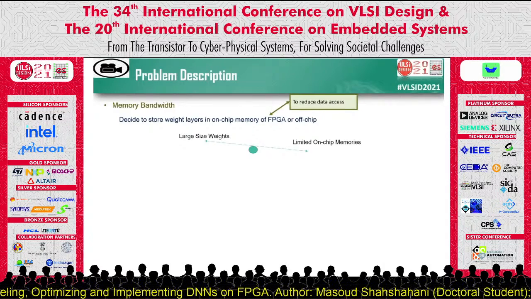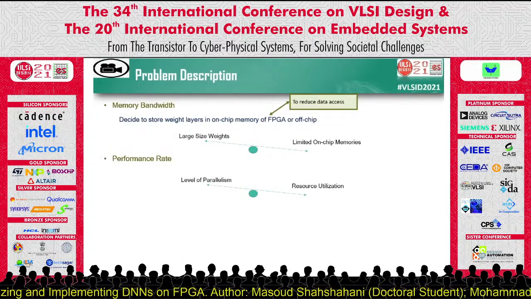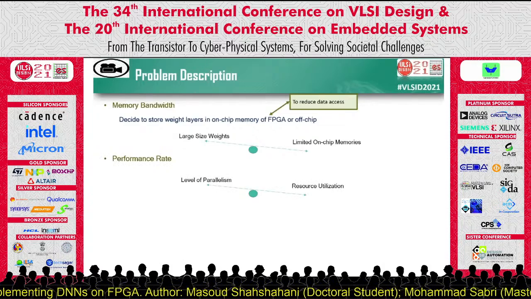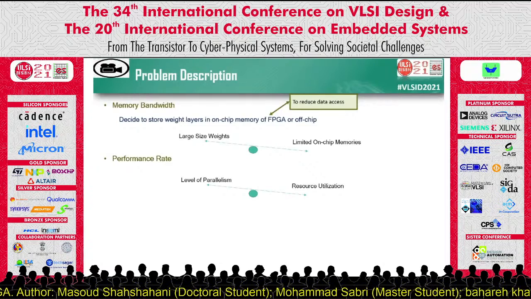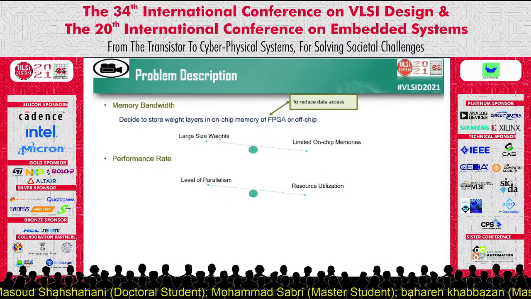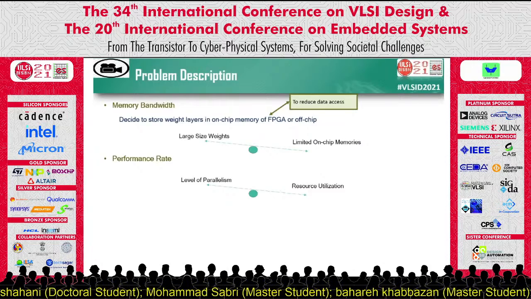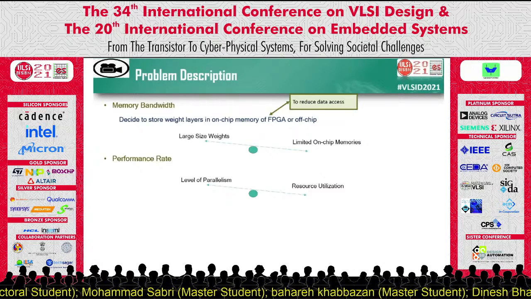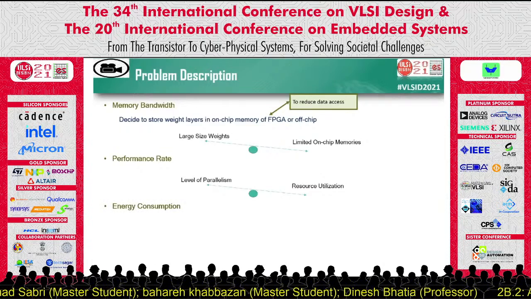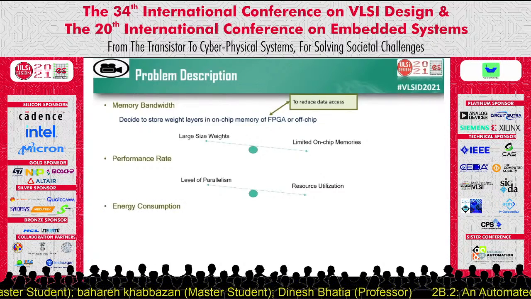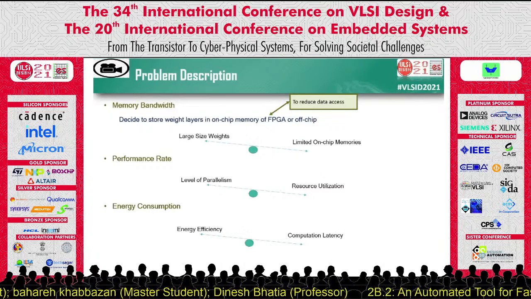Our second trade-off is between level of parallelism and resource utilization. A fully parallelized network would utilize many digital signal processing blocks and block RAMs, exceeding the hardware resource limits even in the largest FPGAs. And our third trade-off is between energy efficiency and maximum latency.